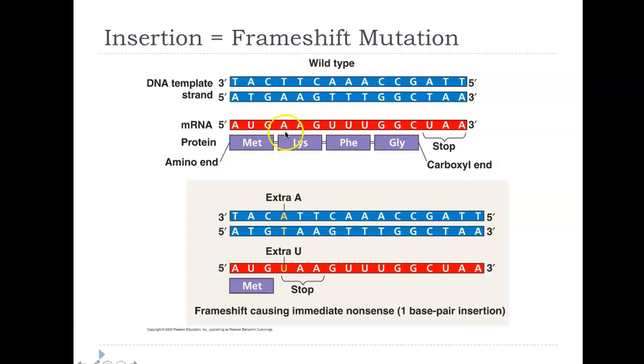TTC right here codes for AAG, that's your second codon. Well, now everything is getting shifted to the left. So that AAG is no longer staying together. Now it's shifted, so it's UAA. So the reading frame gets shifted to the left. This one actually resulted in a premature stop codon. It could result in all different amino acids. We're going to do some practice on this next week, though.